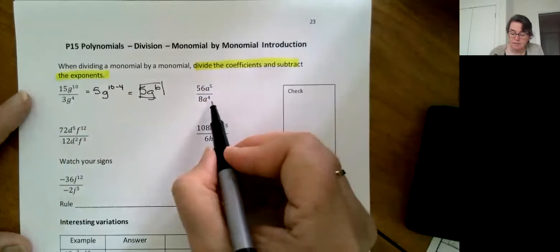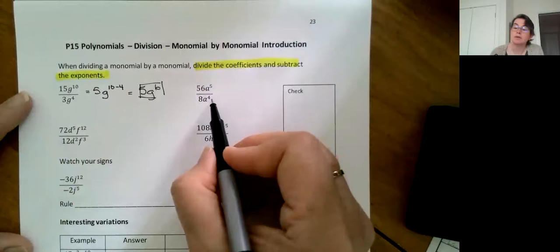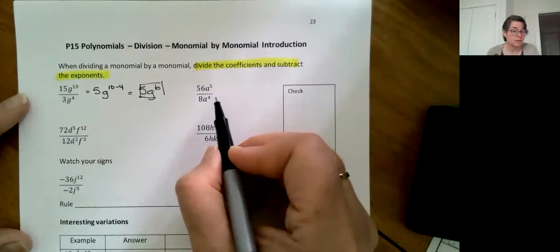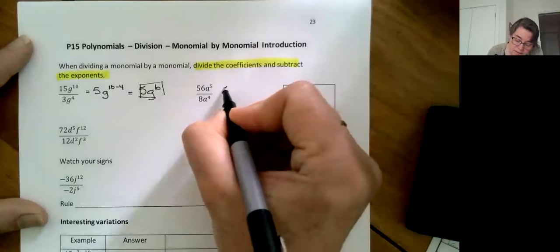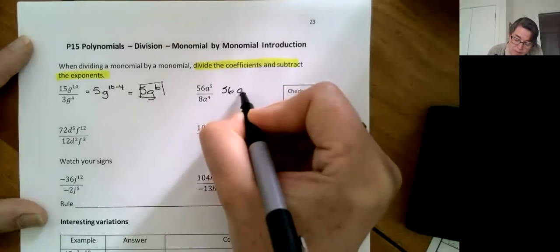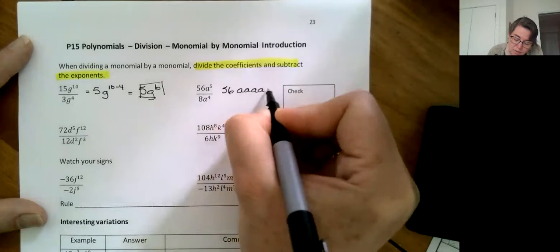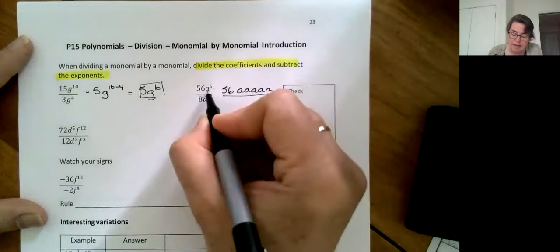You know what? I'm going to do this one over here, and I'll show you why that works. Again, if you watch the previous video, this is going to be boring because you understand all this. This becomes 56 a^5. I'm expanding a to the 5th.